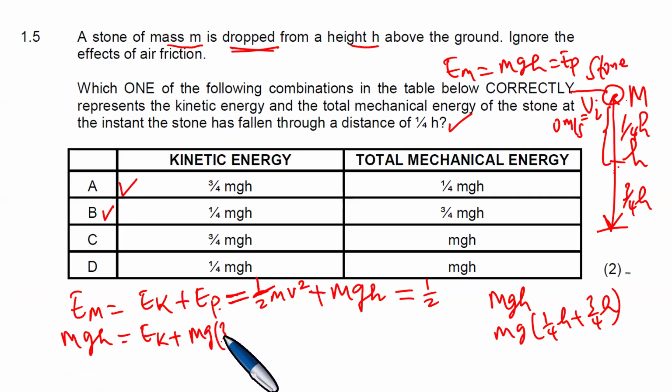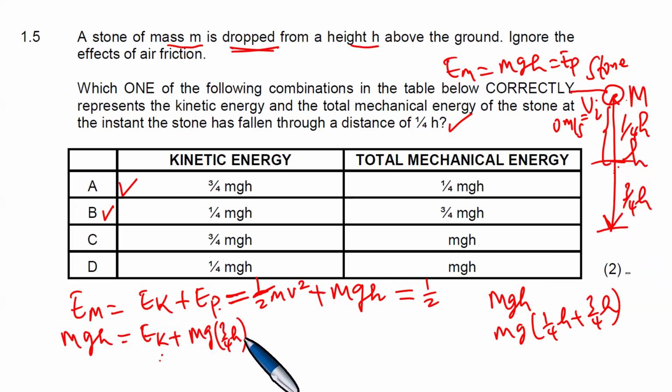The height, which is 3/4. Potential energy is always the energy possessed by an object by virtue of its height. Now we want to get the kinetic energy. When it has fallen 1/4, what is its height?